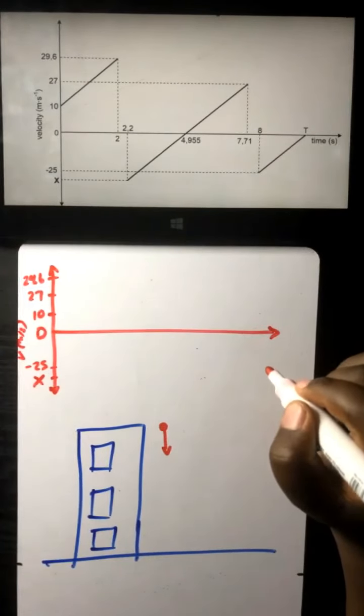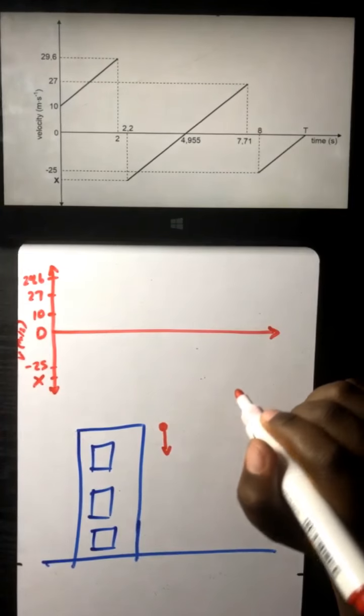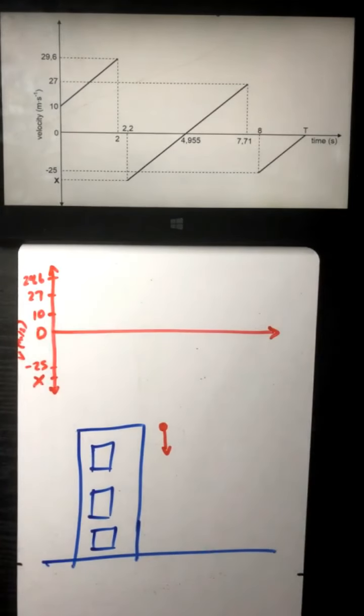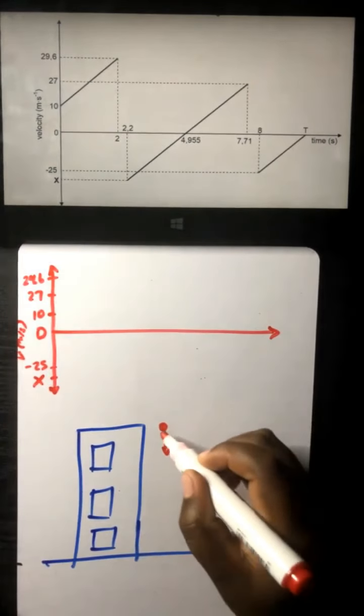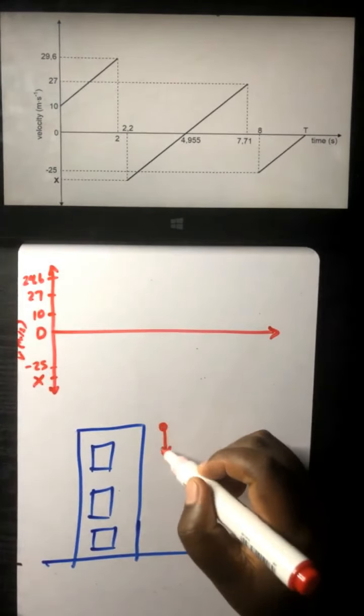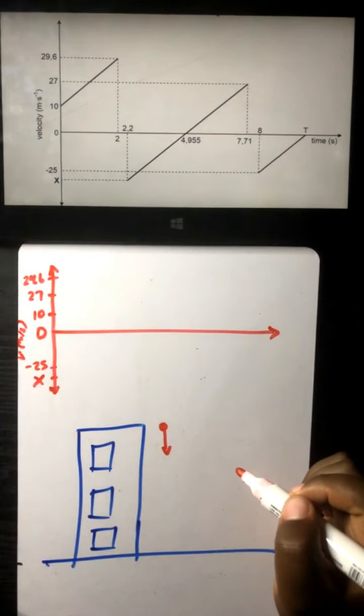Dimpo, can you try to unmute your mic because you requested for this to be explained again? So obviously, this object is being thrown vertically downwards now.